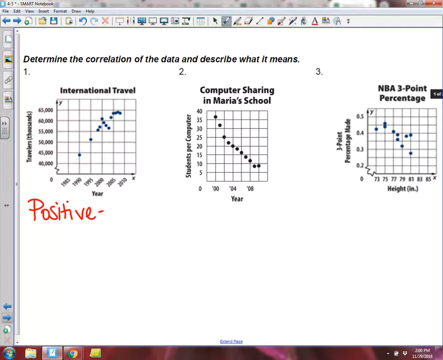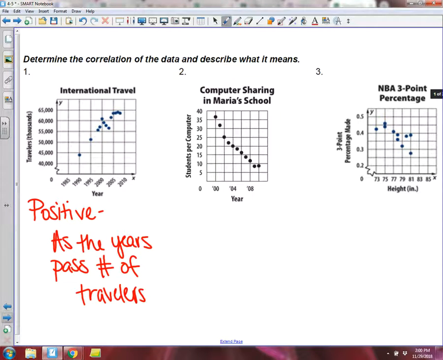It increases. So as the years pass, the number of travelers increases. So you're not just going to tell me it goes up. You actually have to put it into the context of the problem and describe what's happening.